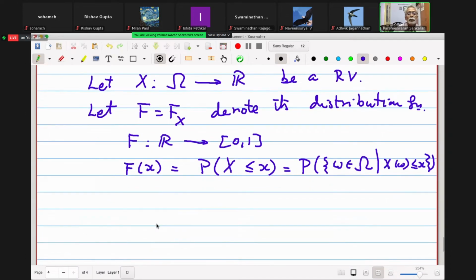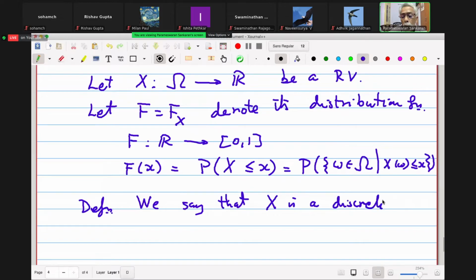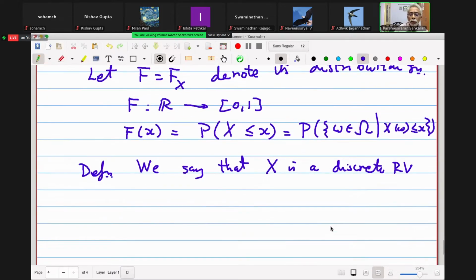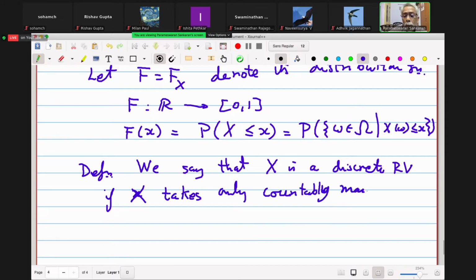It takes values between 0 and 1. Here is a formal definition: we say that X is a discrete random variable if X takes only countably many values, say x1, x2, and so on.